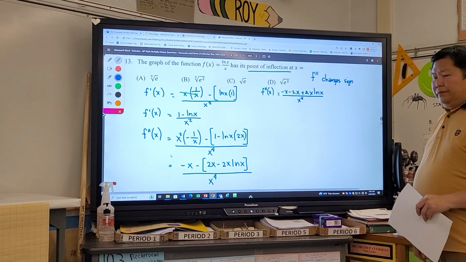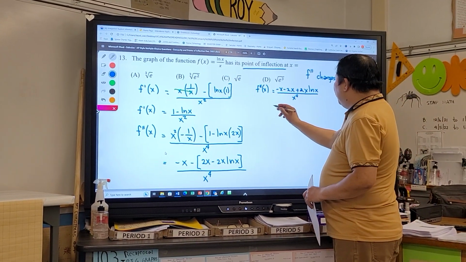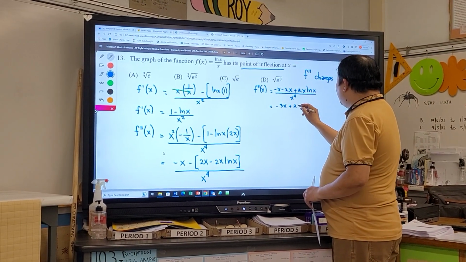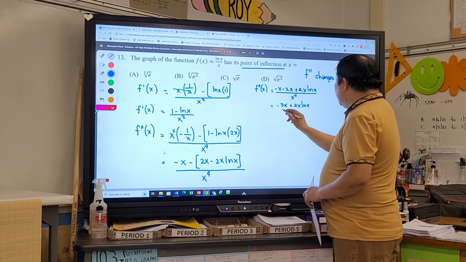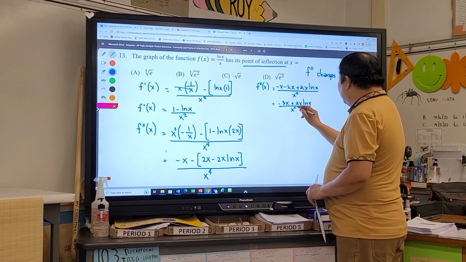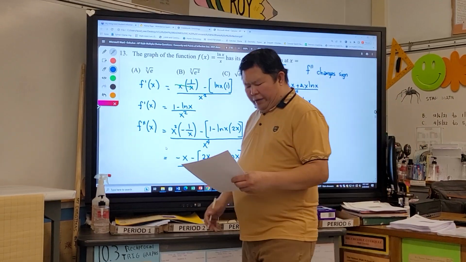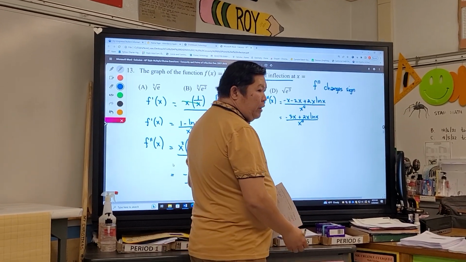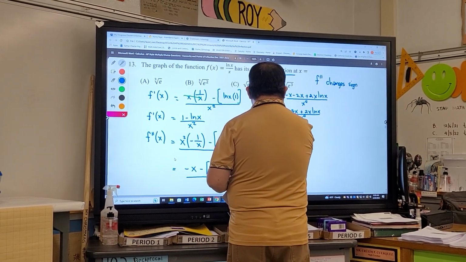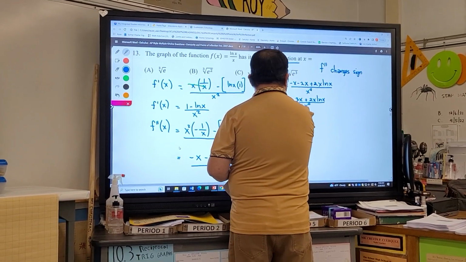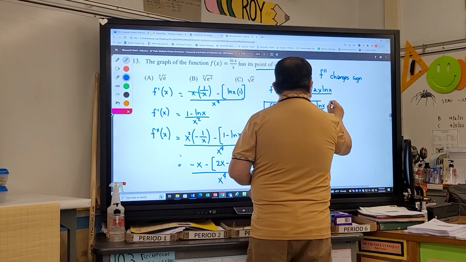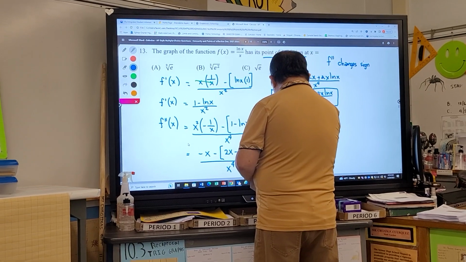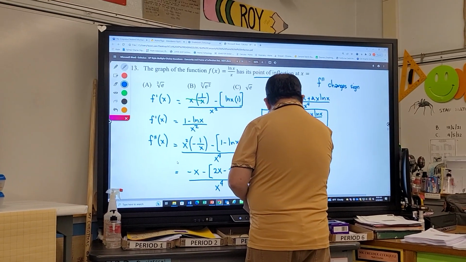So simplifying further, this gives us negative 3x plus 2x ln x over x to the power of 4. Now, meaning to say that f double prime does not exist.